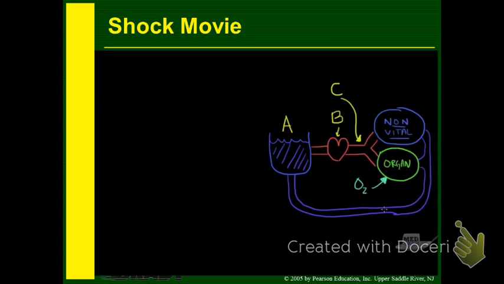Shock is a situation where the vital organs are not getting oxygen. If vital organs don't get oxygen, your body will go into shock because these organs will shut down. And if more than 3 of these organs shut down, there's a very high mortality associated with this. And so not only are we going to talk about the different types of shock, but we're going to talk about the different ways of fixing shock in these specific organ systems.